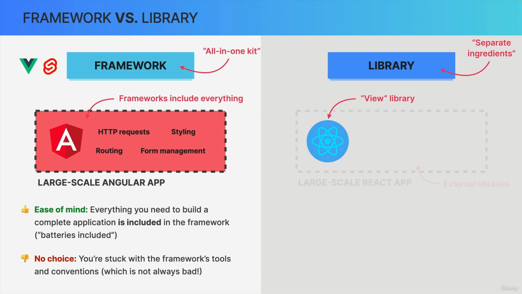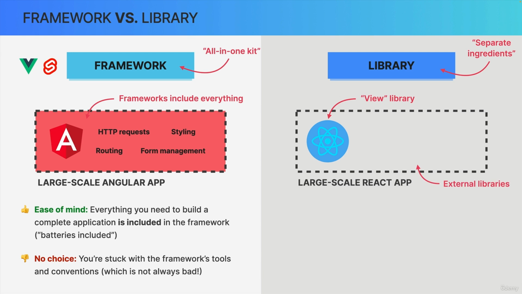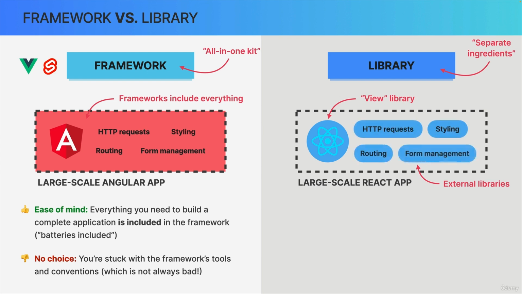Now, if you want to build a large-scale single-page application, you will need to include many external third-party libraries for things like routing, styling, HTTP requests, and so on. So all these functionalities are not part of React itself, unlike what happens with Angular and other frameworks.